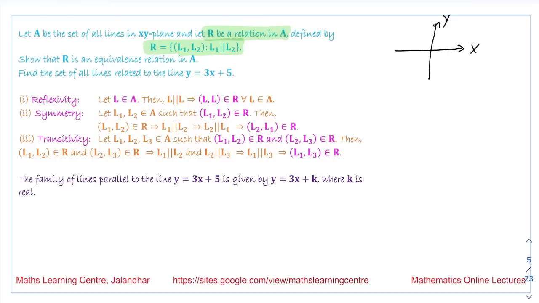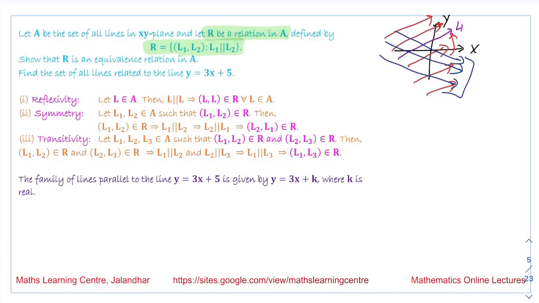Suppose we have considered this line L1, then all the lines in the plane which are parallel to this line are related to each other. If we consider these lines, then all these parallel lines are related to each other. We have to prove that R is an equivalence relation in A.